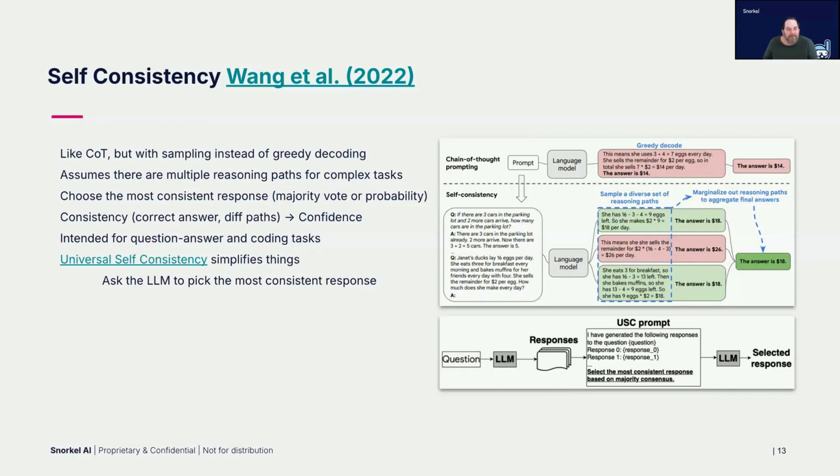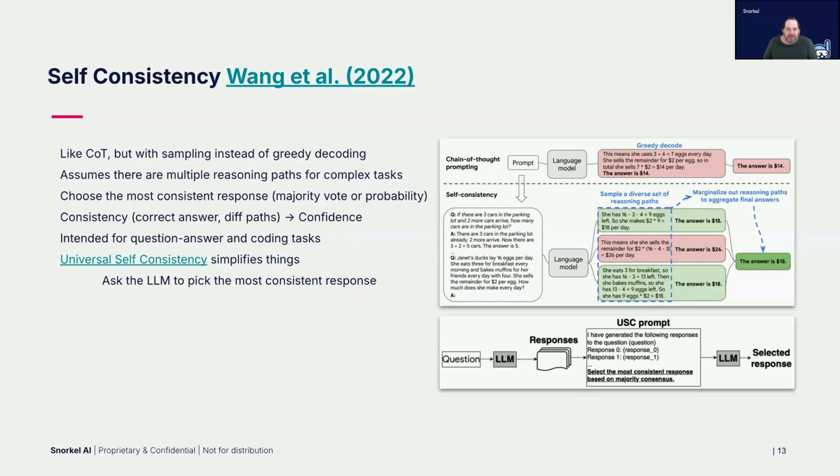Self-consistency. This is very much similar to chain of thought, but the motivation here is that chain of thought relies on greedy decoding, which is really a way of saying that we're allowing the model to pick the most probable response, or rationale in terms of coming to it.